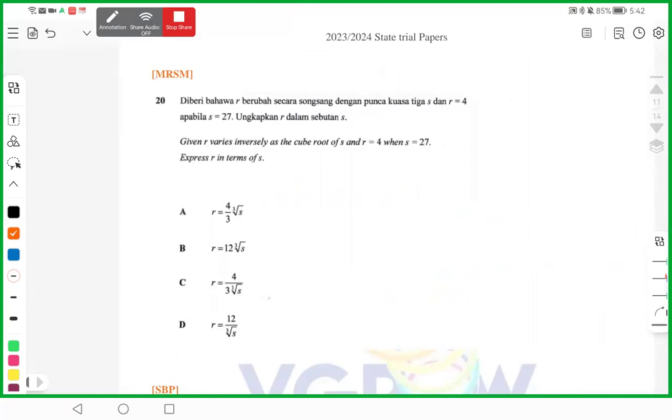So given R varies inversely as the cube root of S. Okay, so same thing, R varies inversely as the cube root of S. So change to equation form and substitute, right?